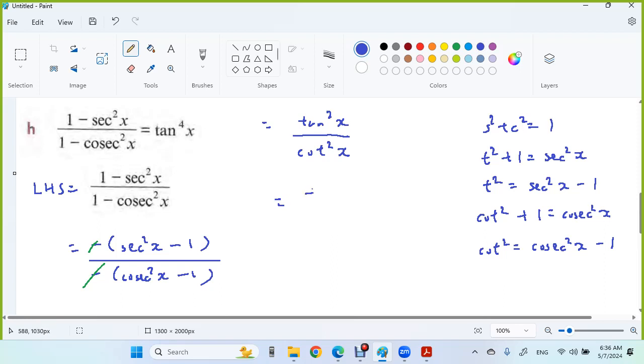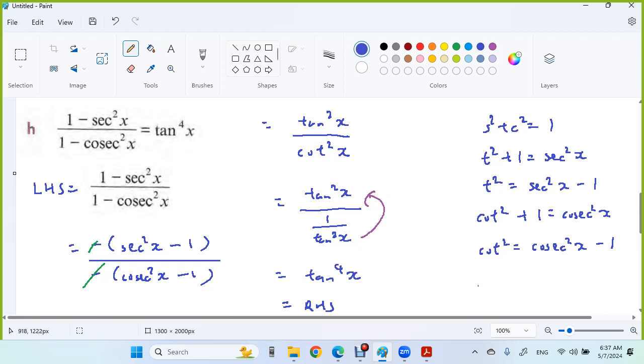Then the tangent square x over 1 over tangent square x, then that is the tangent power 4x. That is the right hand side. So this one move to here.